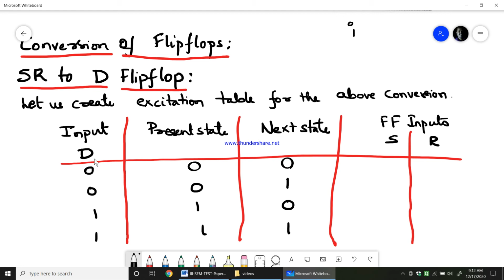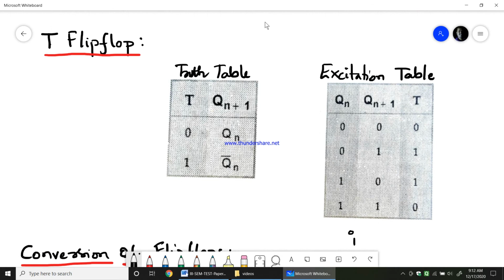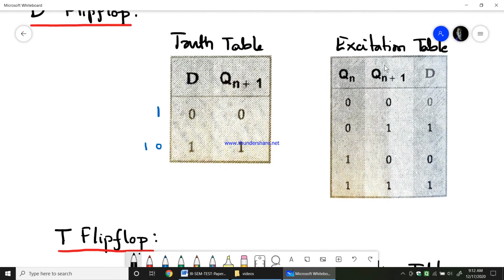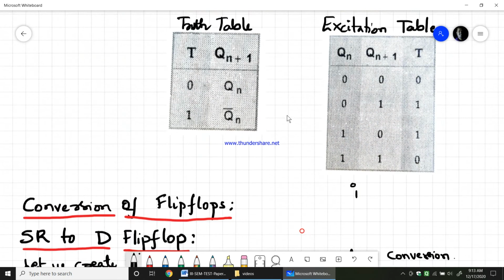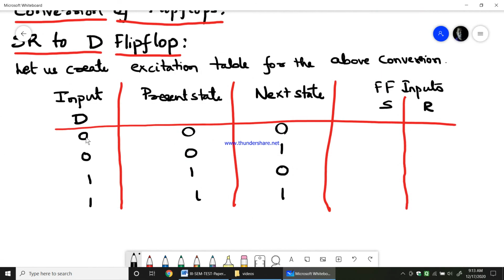Going back to the excitation table, for 0 0 it is 0, for 0 1 it is 1, for 1 0 it is 0, for 1 1 it is 1. So this is what you need to enter in this excitation table.